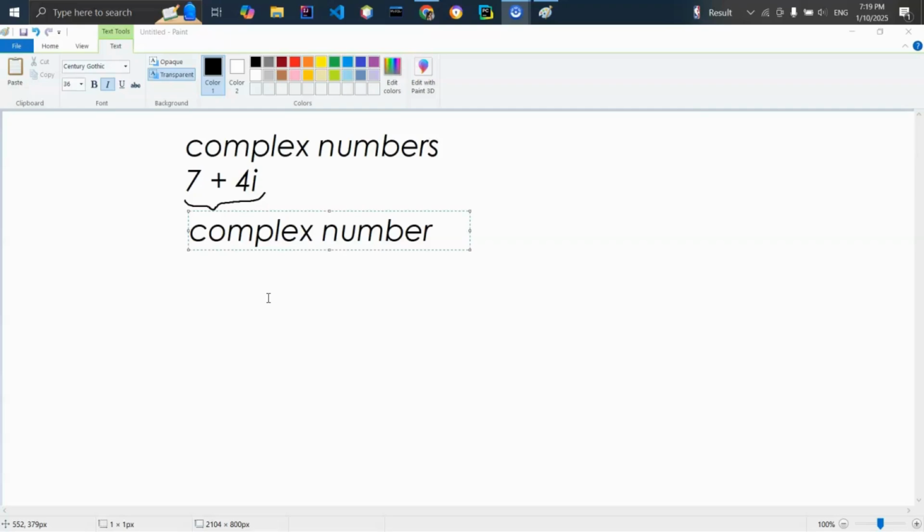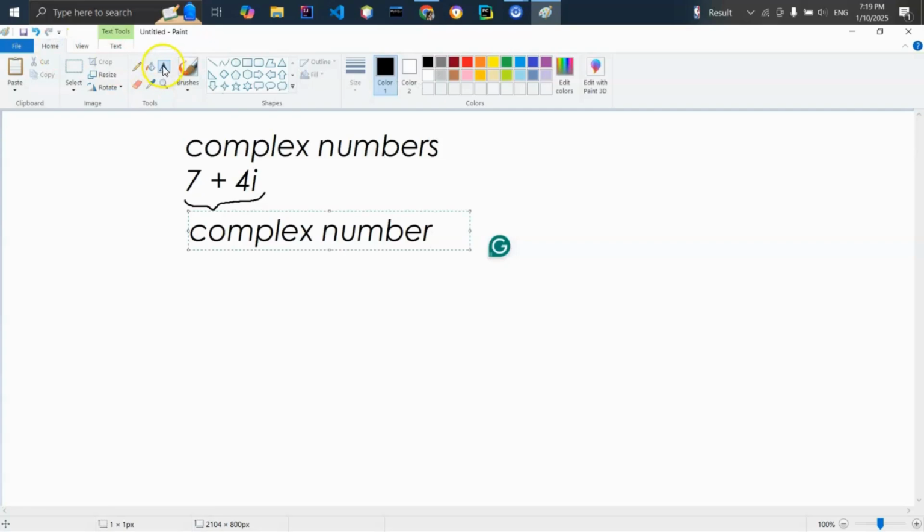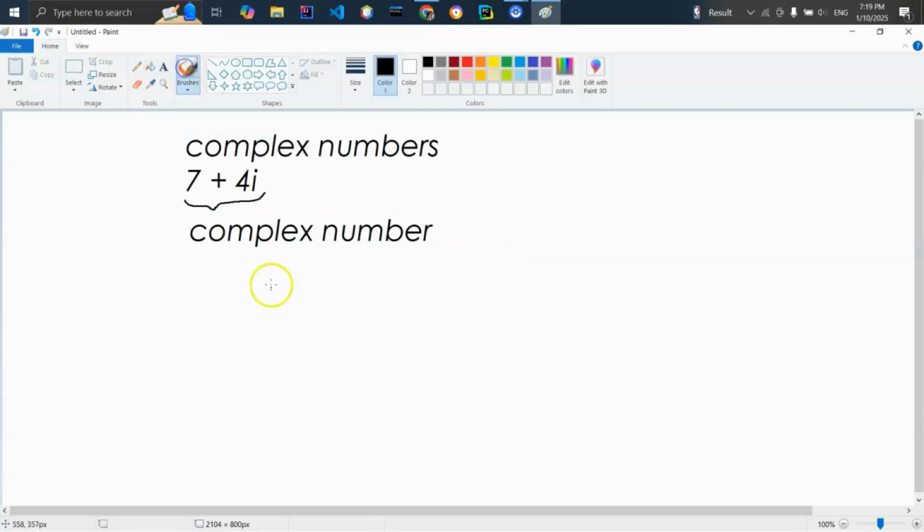For example, what is the square root of 4? Normally, it should be 2. Positive 2.